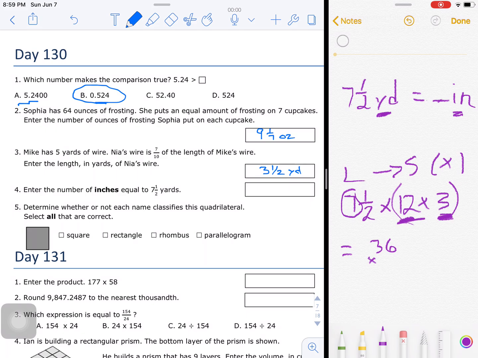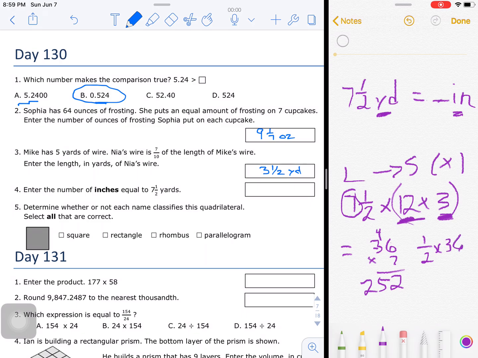But I'm going to do 36 times 7, which is 252. And then I'm going to do 1/2 times 36.